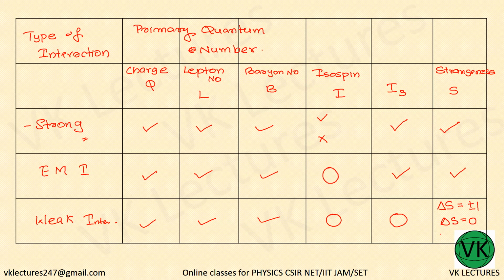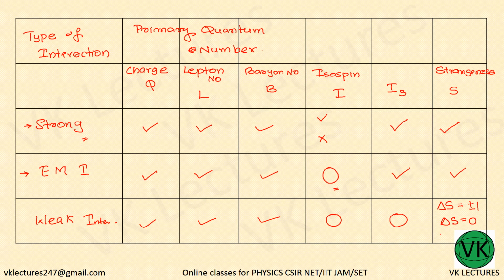Okay, so to remember, for strong interaction, all the quantum numbers are to be conserved. So if all the quantum numbers are conserved, you can say it's a strong interaction. For electromagnetic interaction, the isospin need not be conserved. Even if it is not conserved, you can say that it is an electromagnetic interaction.